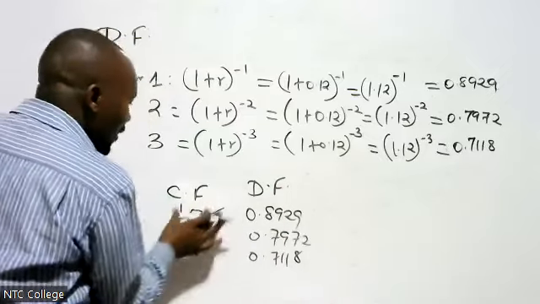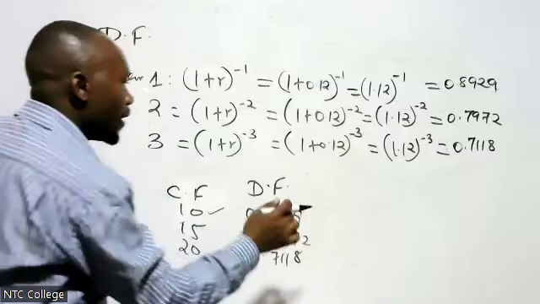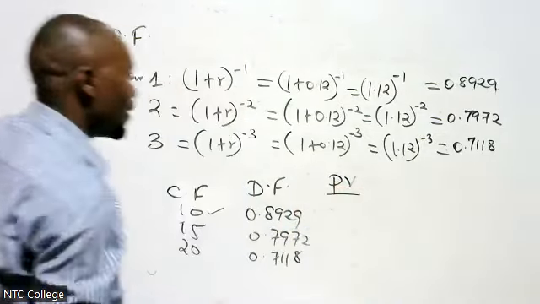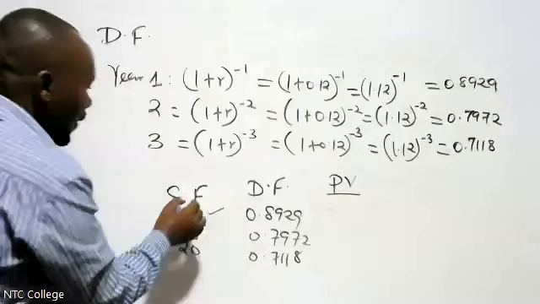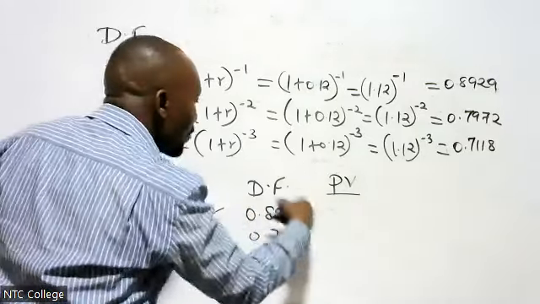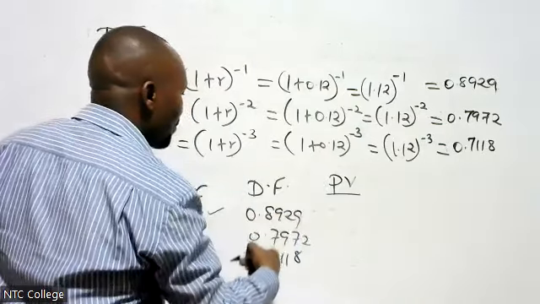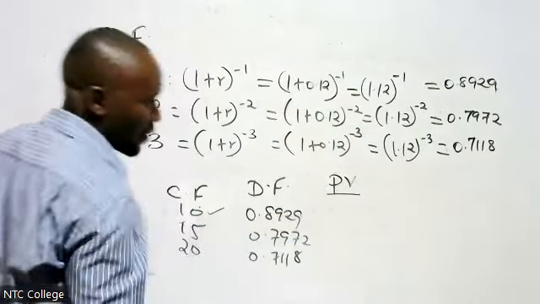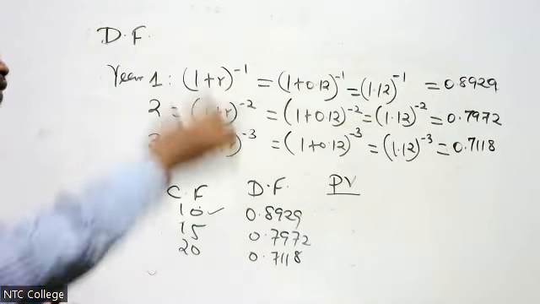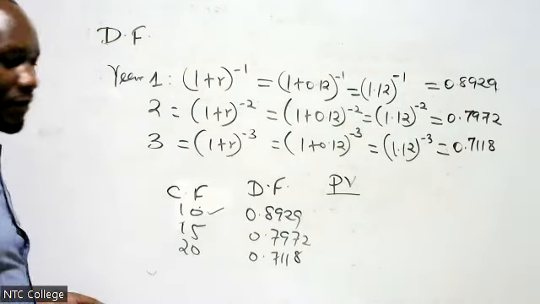So you are discounting this cash flow to get its equivalent today. The equivalent today is what we call present value. This one is a future cash flow, but presently, if you don't discount it, it can be less than that. So 10,000 in the next year is equal to 8,900 today.